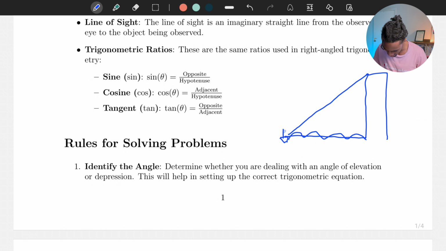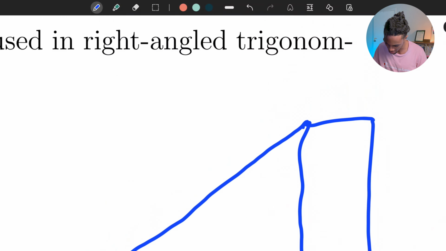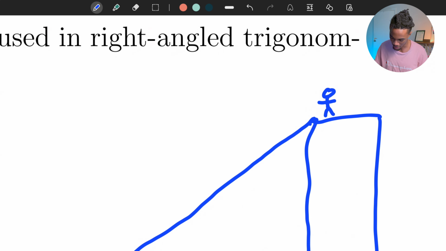Excuse my drawing, but you are here, and your friend called Jimmy is up here.